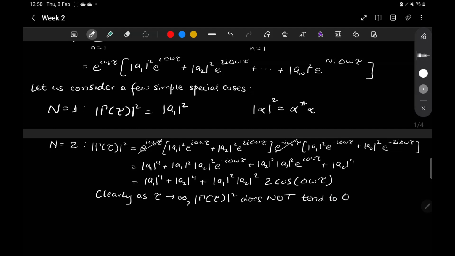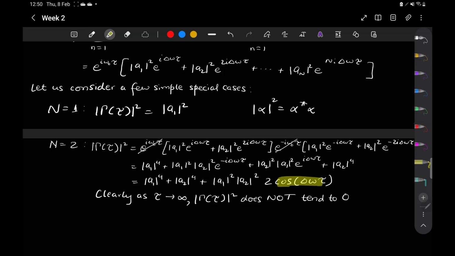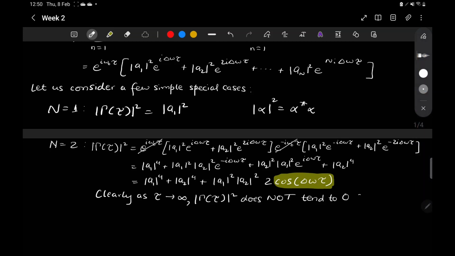Because we have this cosine delta omega tau term. Since the cosine delta omega tau term is an oscillatory function, it does not go to 0.